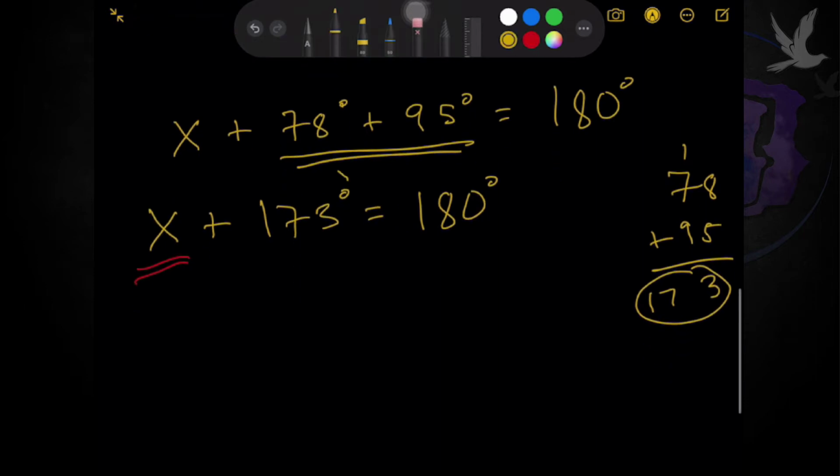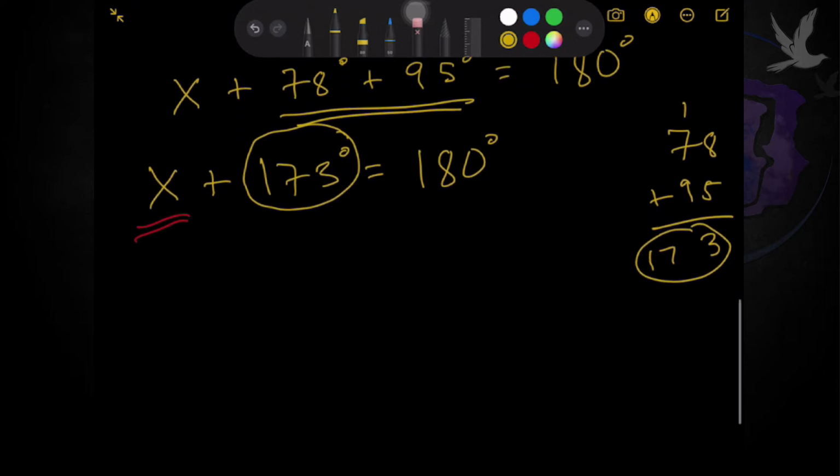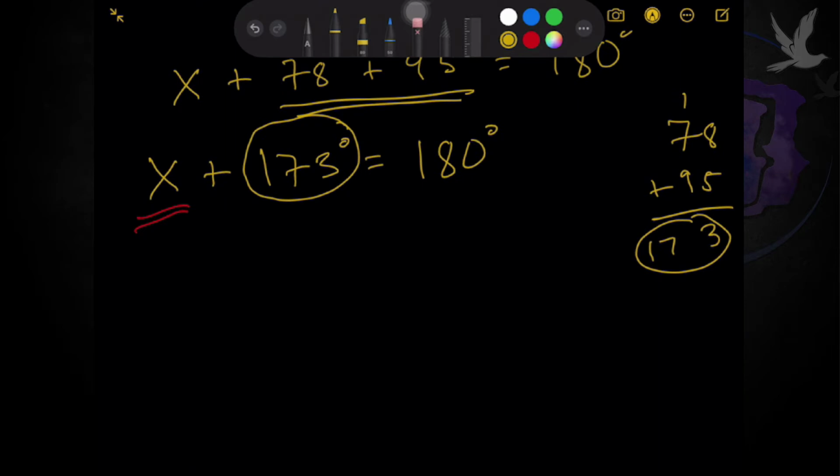So we need to remove this positive 173 by simply subtracting 173 from this side of the equation. So ibig sabihin, X plus 173 degrees minus 173 degrees. Because 173 minus 173 will give you a 0. Okay, rewriting it is equivalent to 180 degrees.